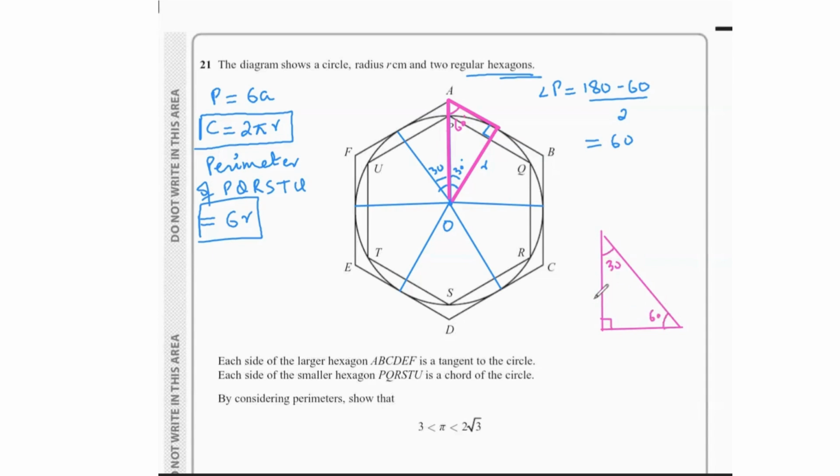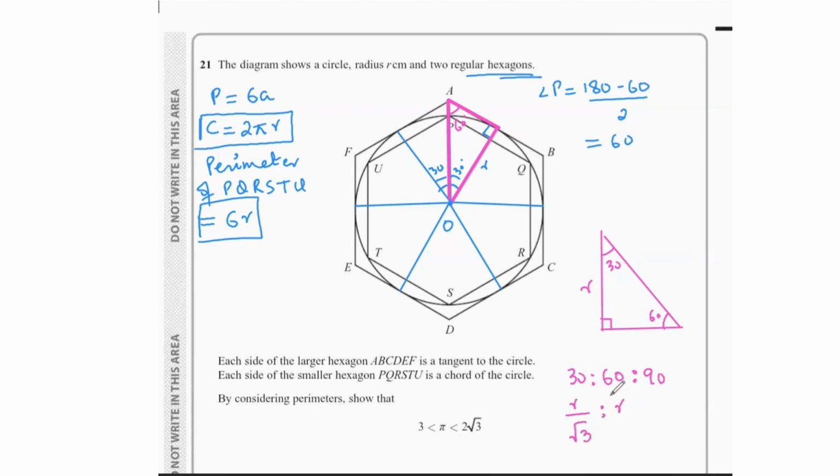So this length is given as R. We know that. So in a 30-60-90 ratio, we know that this is going to be double of R. We don't know what this is, but since the 60 length is given as R, that means the 30 length is going to be R over root 3.